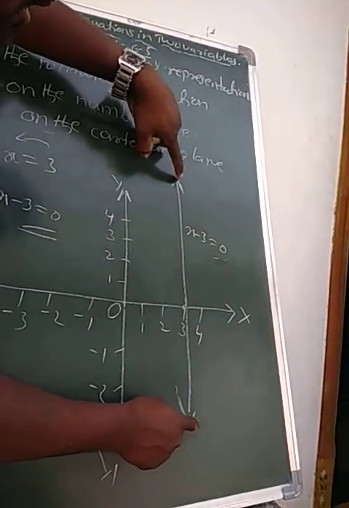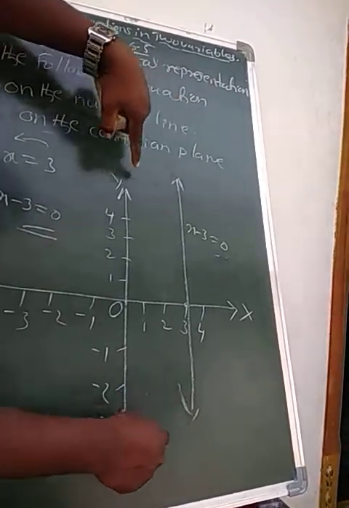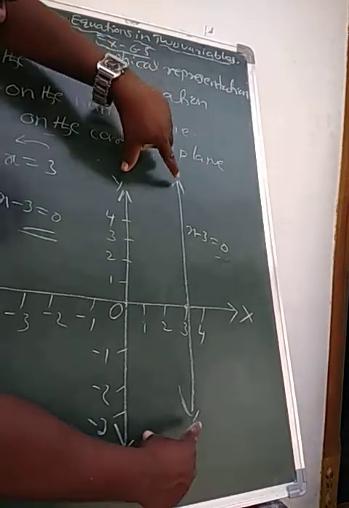Okay? The graphical representation of x minus 3 is equals to 0 is parallel to what? Y-axis. Y-axis ki parallel undi.